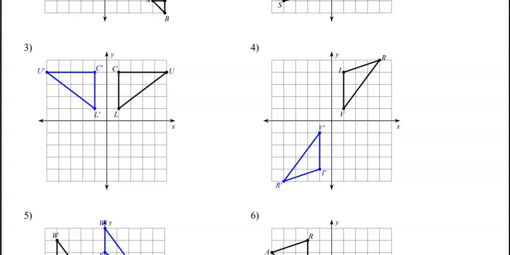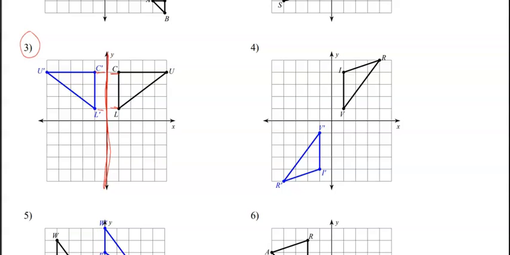All right, let's look at the next 2. Number 3, we have our original image, and then as you can see, it looks kind of like the opposite across from the y-axis. So if we see that y-axis is our divider, C is the same length away, L is the same length away, and U is the same length away. I like to think of this as like a taco shell.